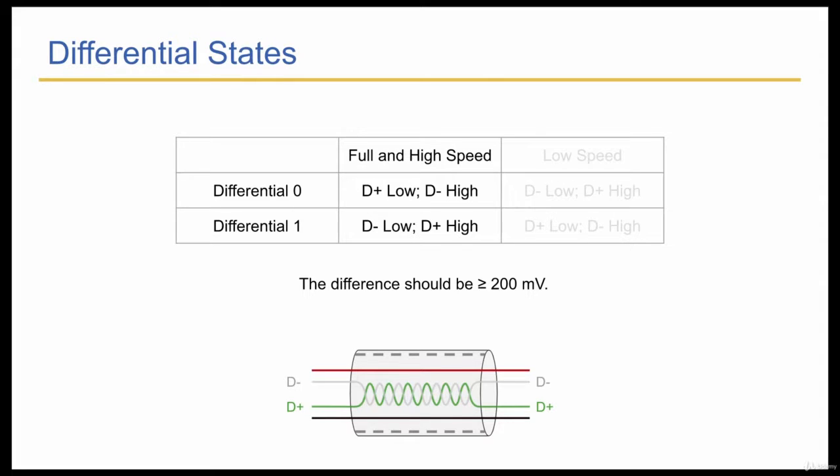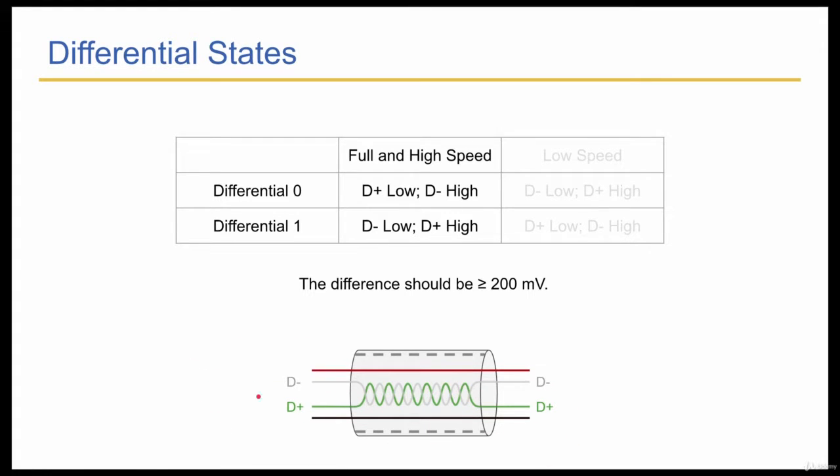And because of these two lines, we call USB a differential protocol, because it relies on the electrical state applied on two data lines and takes the delta between these two lines to figure out the actual logical or differential state on the bus.